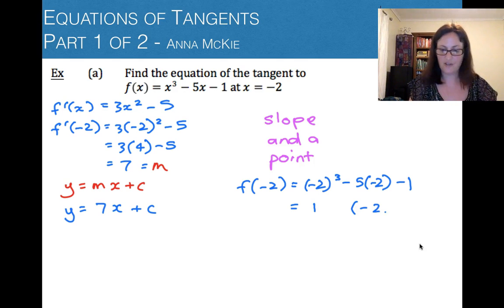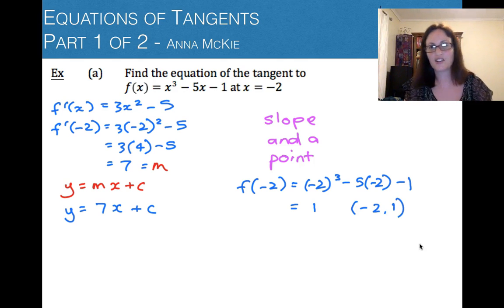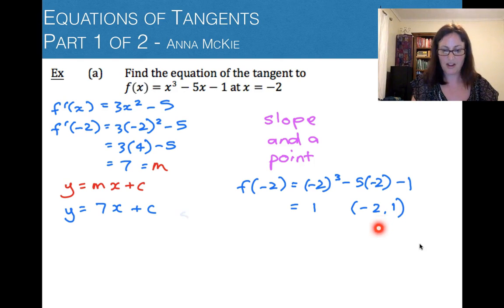And so therefore the point is -2, 1. I quite like to write it as a coordinate so it's easy to refer to. So there's our point that we're going to substitute in. You might like to write that off to the side, that we're subbing this in. So where you see an x, you're putting in a -2, and where you see a y, you're putting in a 1. So we are left, and we're solving for c.